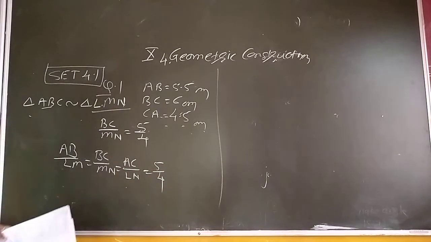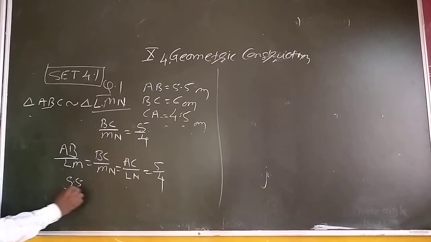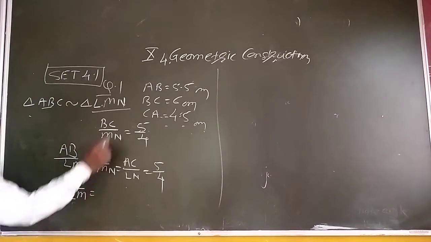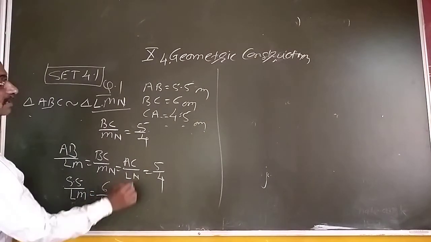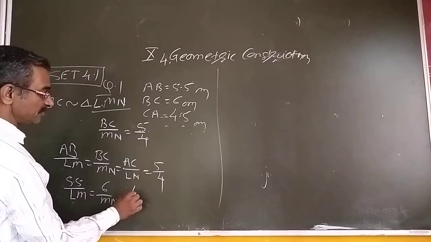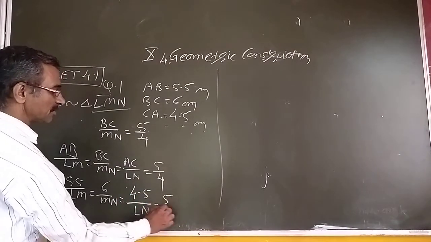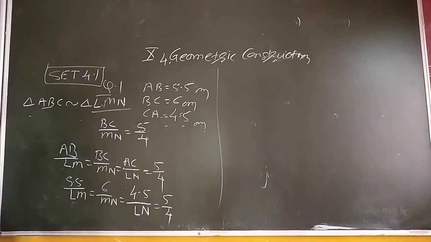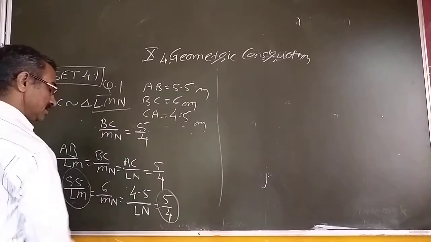That is the proportion. The values are AB given 5.5 upon LM, BC given 6 upon MN and AC given 4.5 upon LN. From that, the proportion is 5 upon 4.